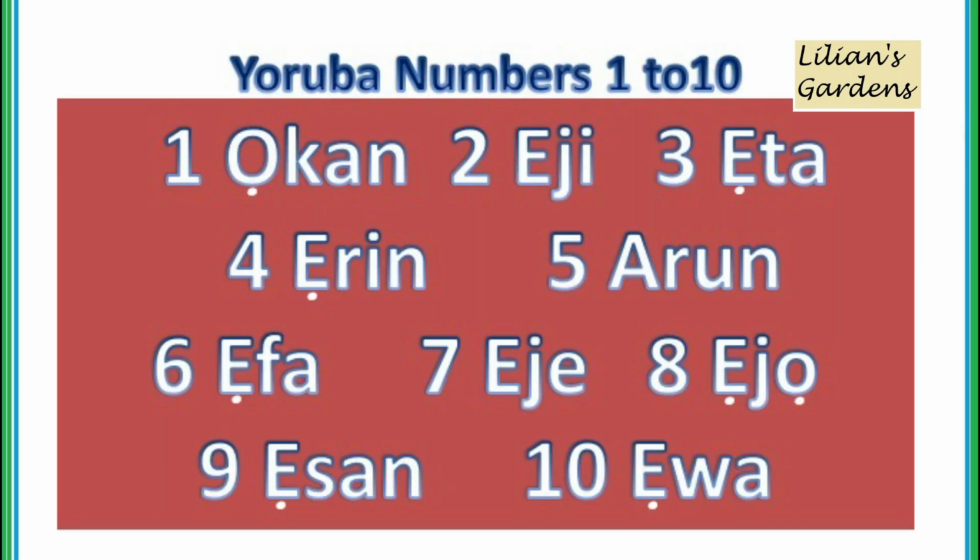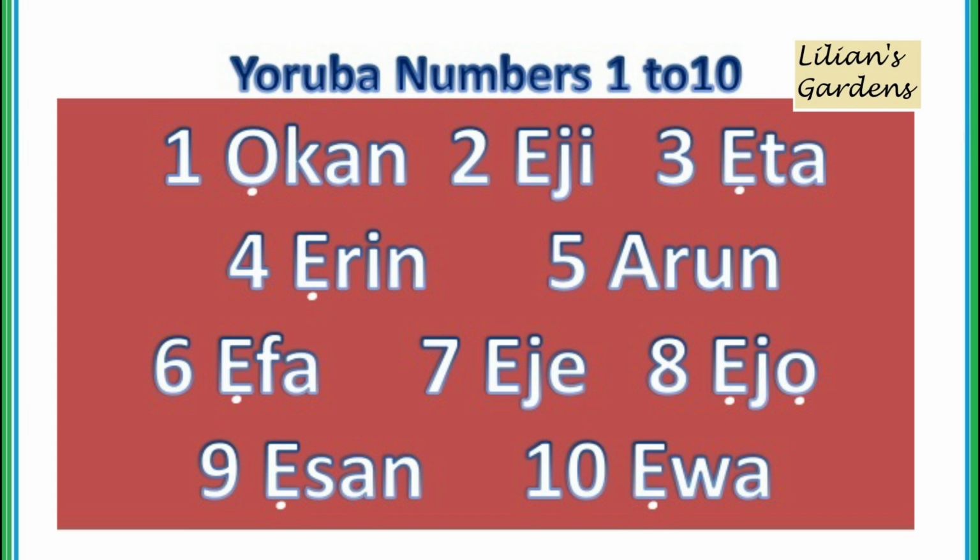Ká wá kọ Yoruba numbers 1 to 10. 1, ọ̀kan. 2, èjì. 3, ẹ̀ta. 4, ẹ̀rin. 5, àrún. 6, ẹ̀fà. 7, èje. 8, ẹ̀jọ. 9, ẹ̀sán. 10, ẹ̀wá.